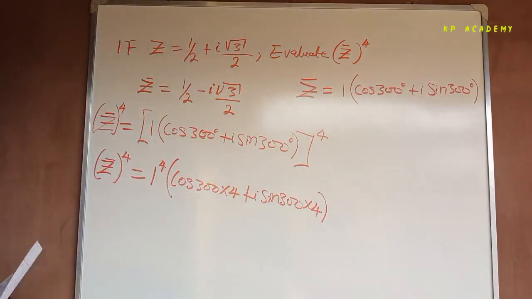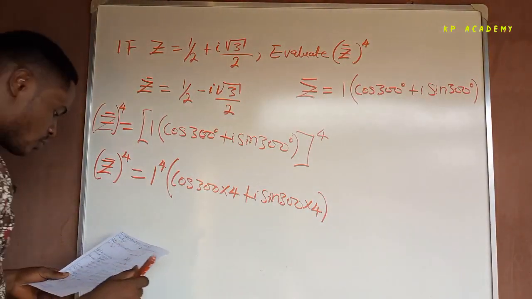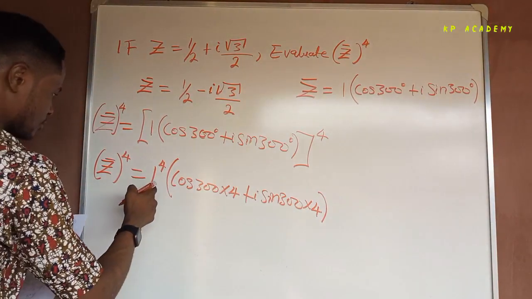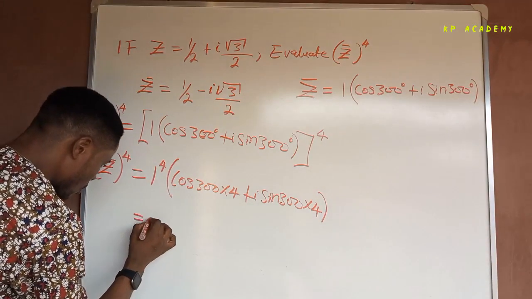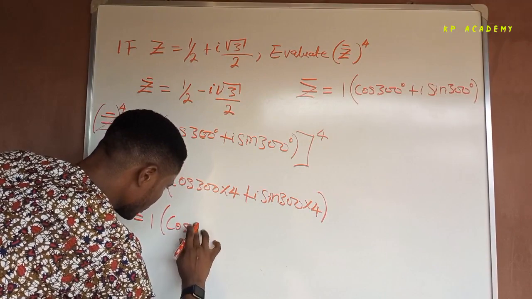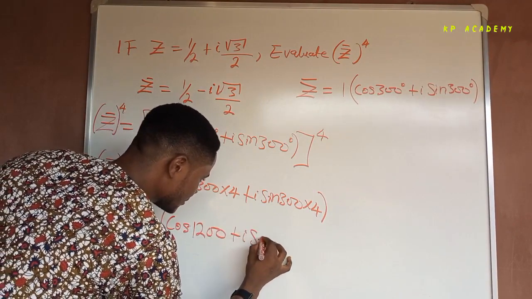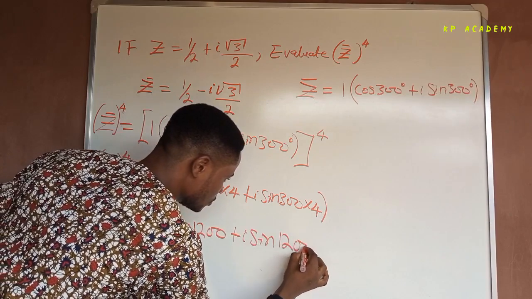So we have this. Now evaluating further, you find that 300 times 4 gives us 1200, and 1 raised to power 4 is nothing but 1. So 1 into cos 1200 plus i sine 1200.